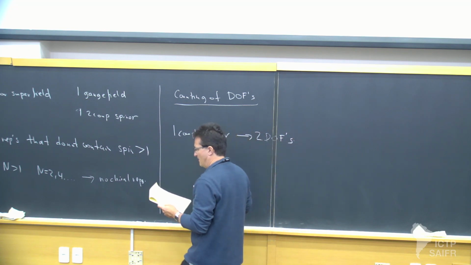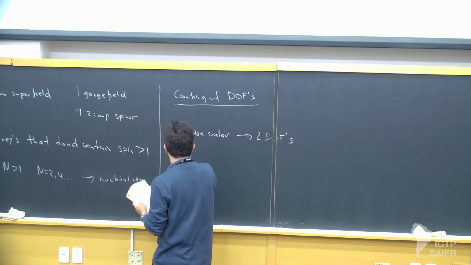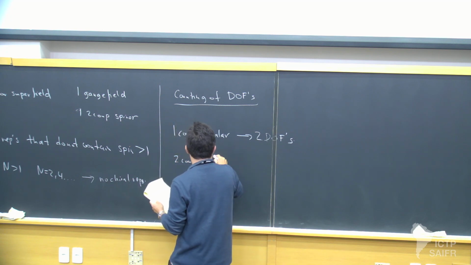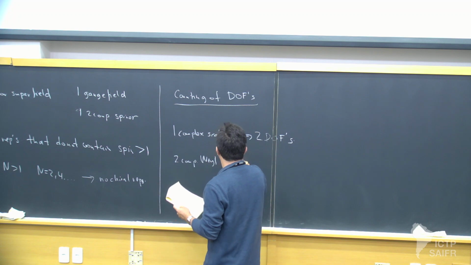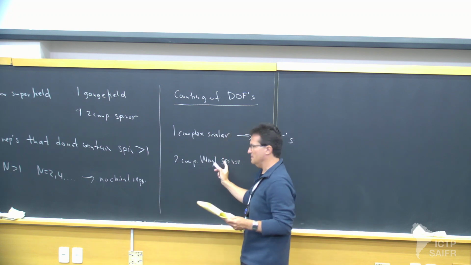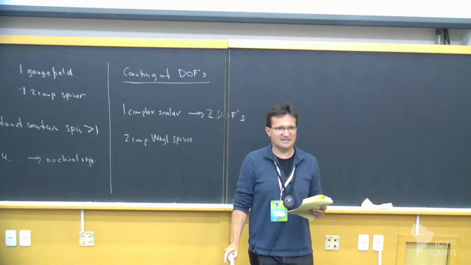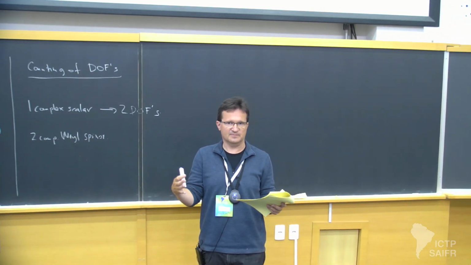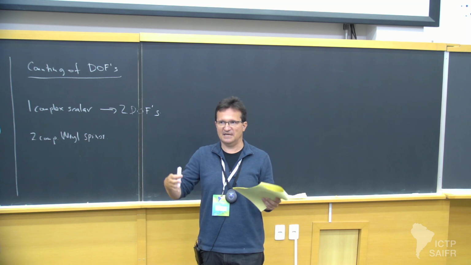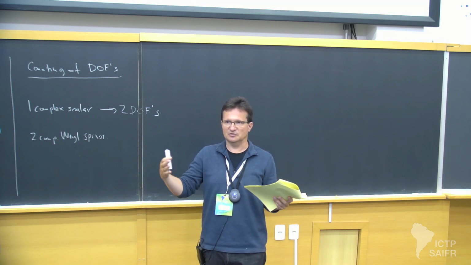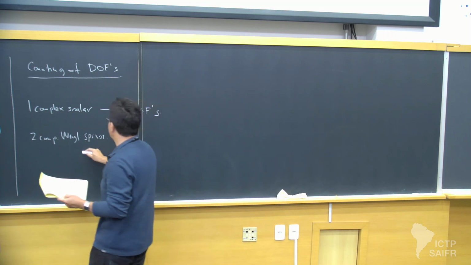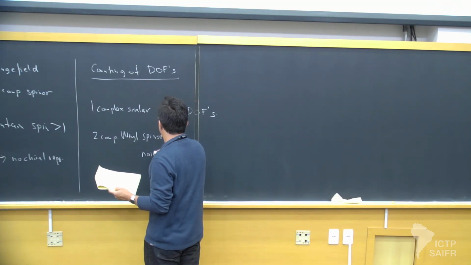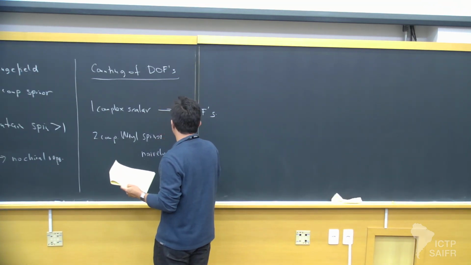Now how about the complex Weyl spinor, the 2-component Weyl spinor? Well, naively, the 2-component Weyl spinor has 4 degrees of freedom, because it's a 2-component object and it's complex. So it's 2 times 2. So naively, those are 4 degrees of freedom.